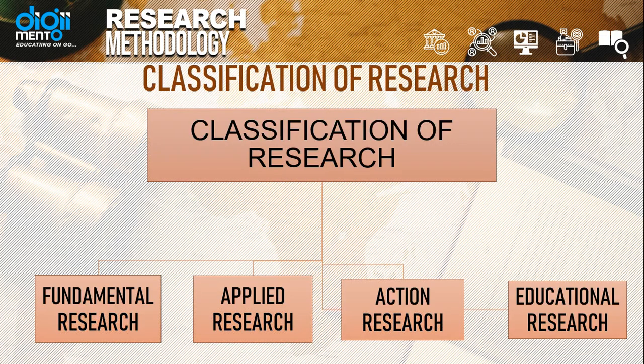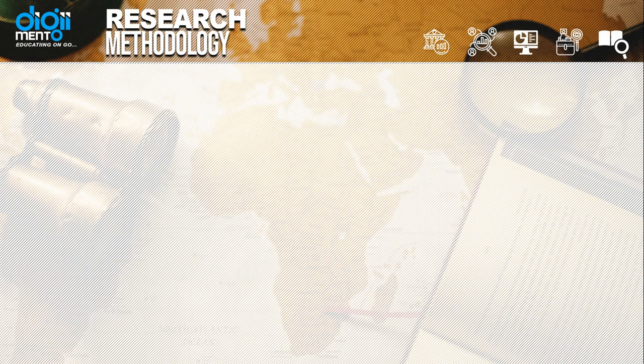So let's discuss them one by one. This classification of research is very important for your exam. Most of the questions arise from this area every year. So be careful.